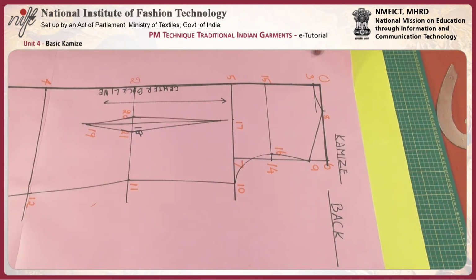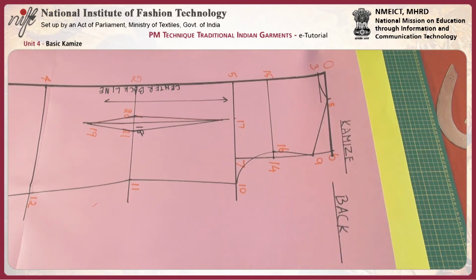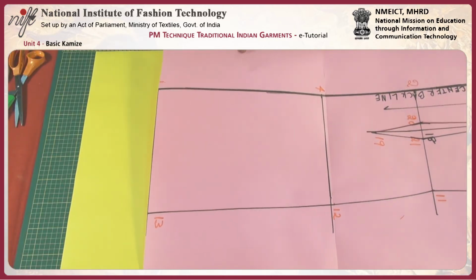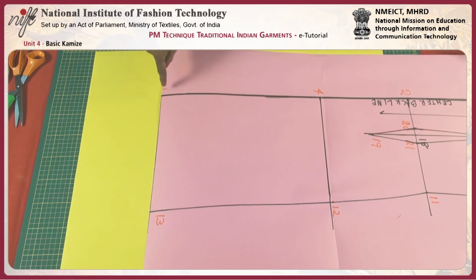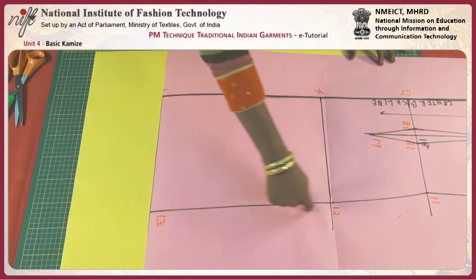Start cutting the kameez back. Start from the bottom and cut on the center back line, bottom line and side seam line.